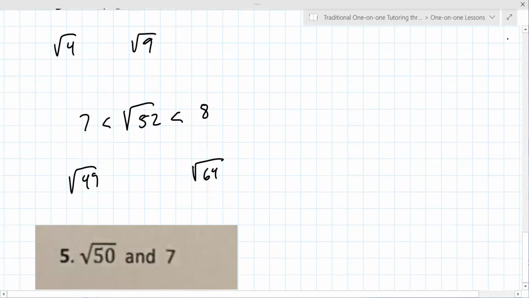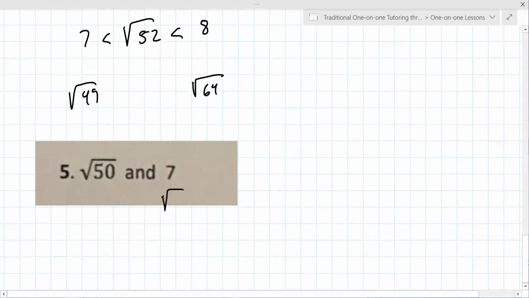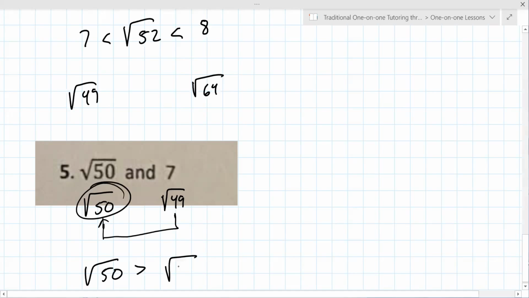Okay, so we can actually say this is the square root of 49. So which is bigger, the square root of 50 or the square root of 49? You're just looking at the number underneath. Oh, 50. That one's bigger. So the square root of 50 is greater than the square root of 49.